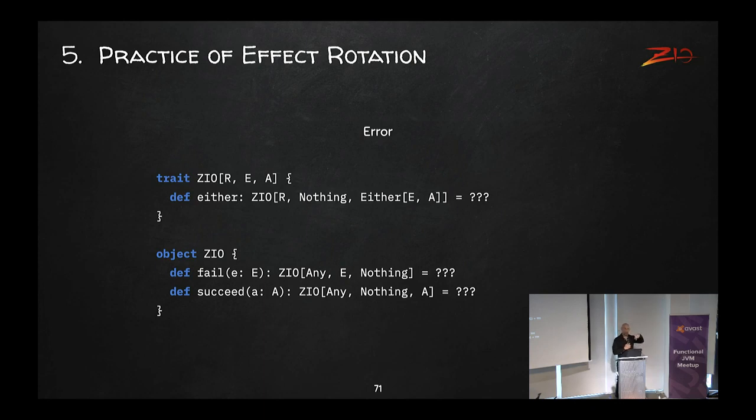Now it's gone from the error channel. That resulting effect can't fail, but of course you're going to have to deal with the fact that the value in there might be a Left of the error. That's effect elimination. And then you have introduction with fail. You give it an E and you get back that E stuffed in the error channel. And then of course you have introduction for success as well, which is called succeed.